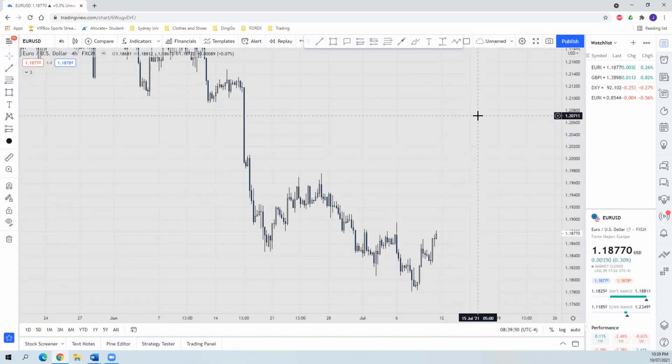Price went like this: higher highs, then lower highs, lower lows, lower highs, lower lows, lower highs, lower lows. So now our range is from this high to this low. Since price mitigated something here, we can expect this to get broken.